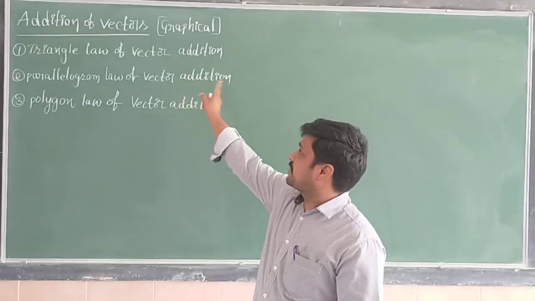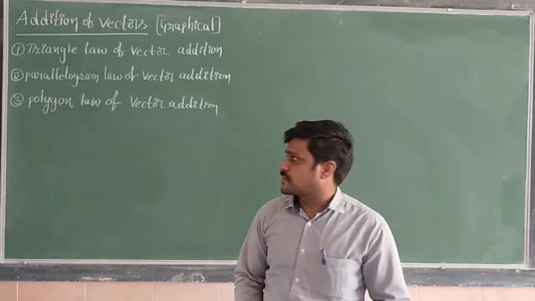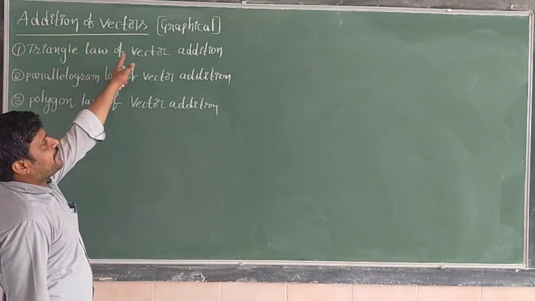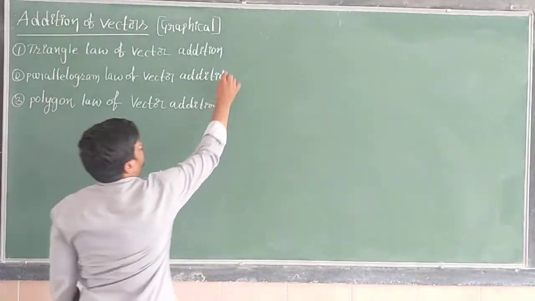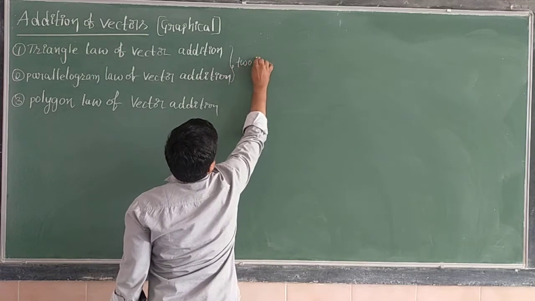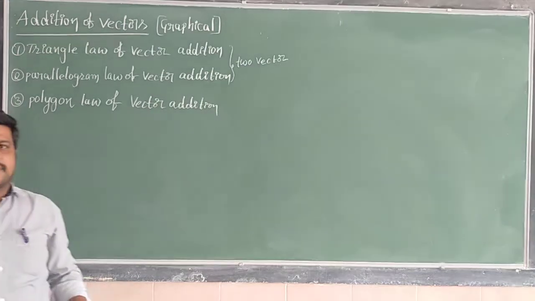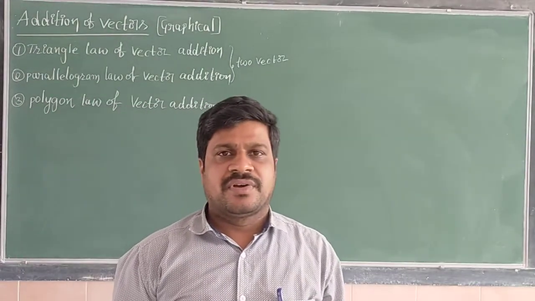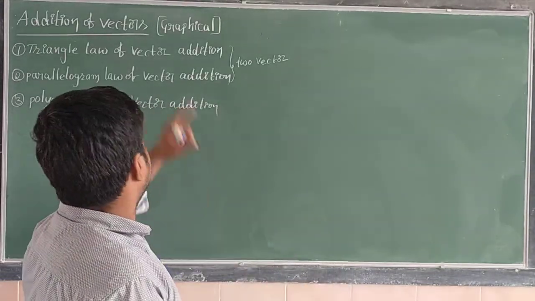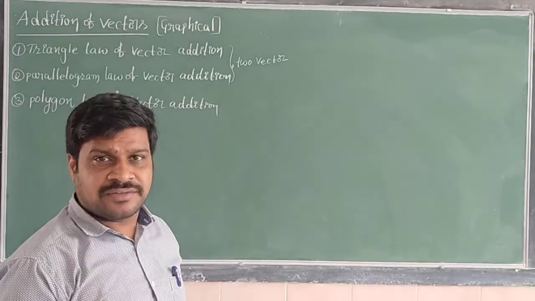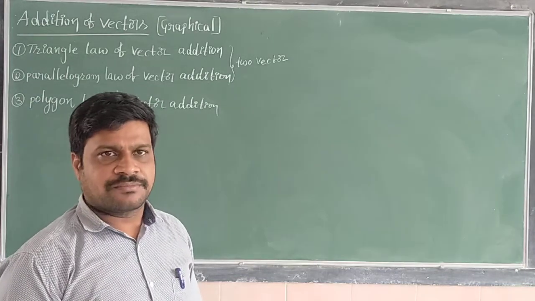we have the addition of two vectors, in which there are some methods to add the two vectors. What are those? Triangle law of vector addition and parallelogram law of vector addition. For the addition of two vectors, there are two methods: one is the triangle law of vector addition, and the other is the parallelogram law of vector addition.